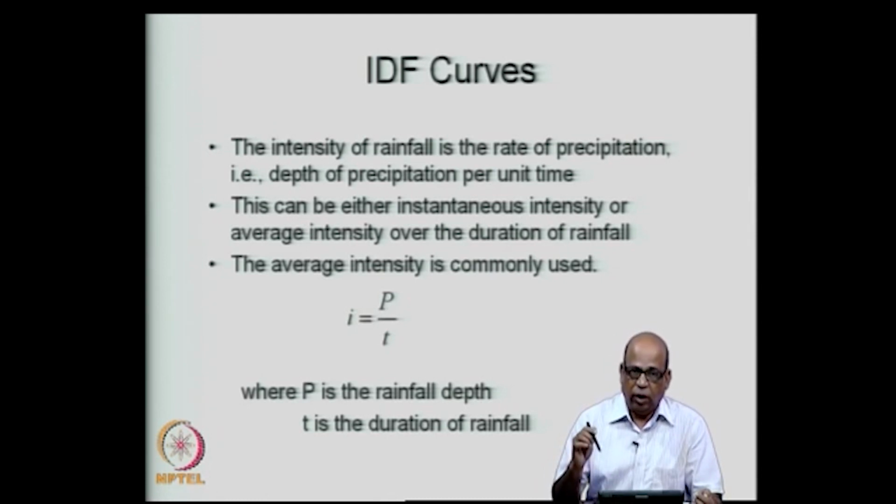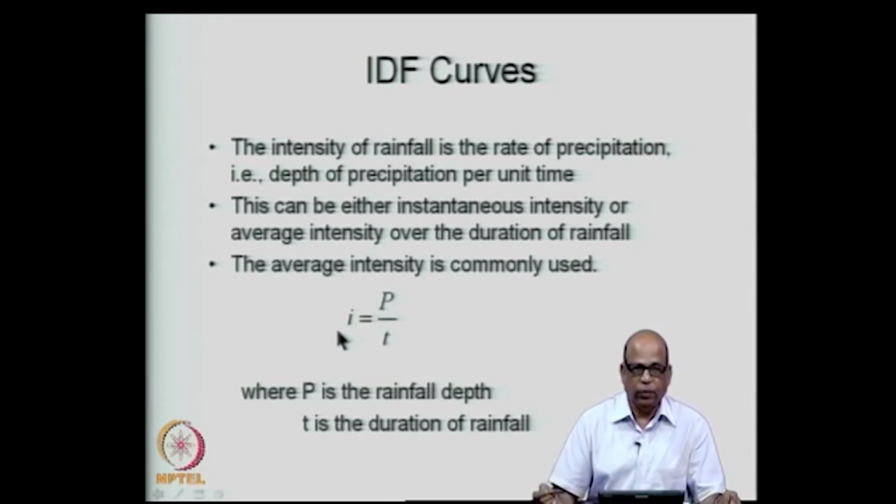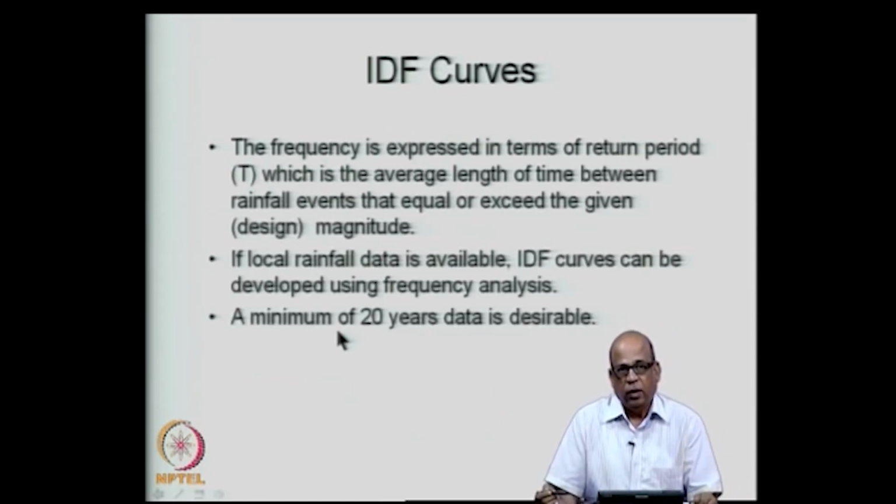Because the urban drainage has to address issues related with faster runoff. The peaks will occur much faster compared to a non-urban catchment, because most of the rainfall that falls immediately converts itself into runoff, and therefore, the duration T is much smaller in the urban catchments compared to the duration in the non-urban catchments. So, for a given duration, knowing the precipitation, you know the intensity of rainfall.